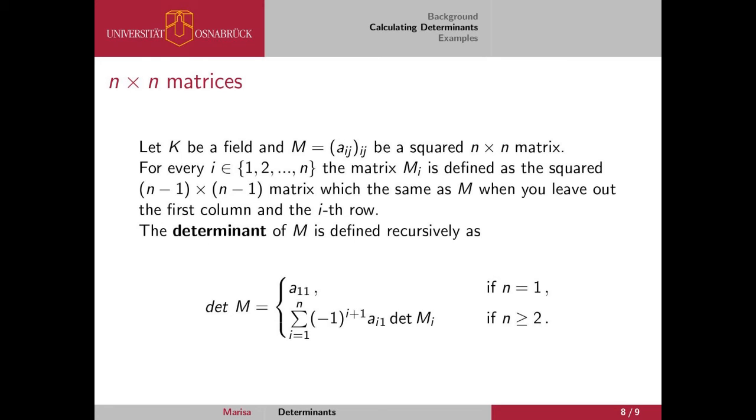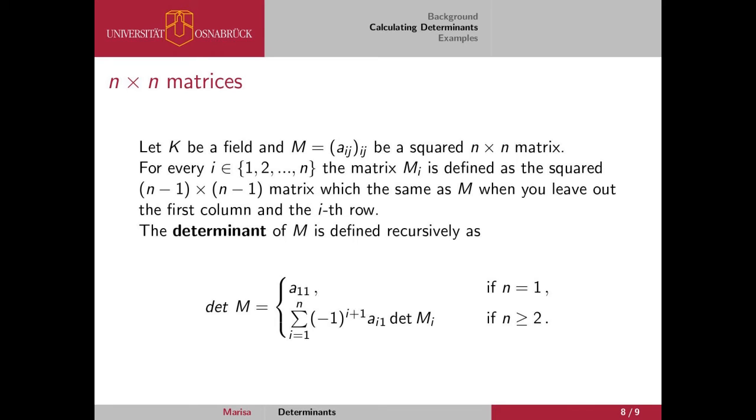On the last part, you have the determinant of M_i. So you make it smaller recursively every time, and you multiply this determinant of M_i with a_i1, which is the entry of our matrix from the first column, the one that you crossed out, on the position of the row that you crossed out.